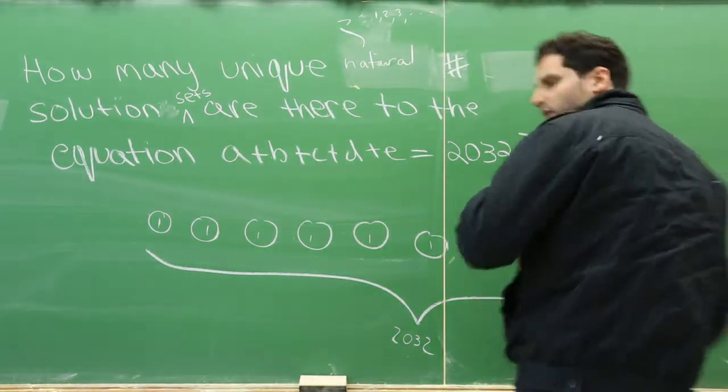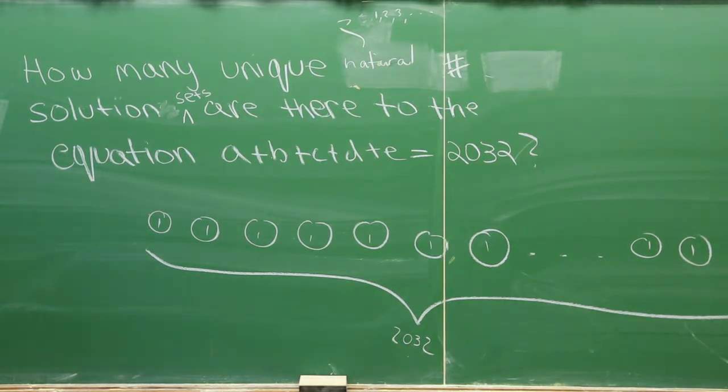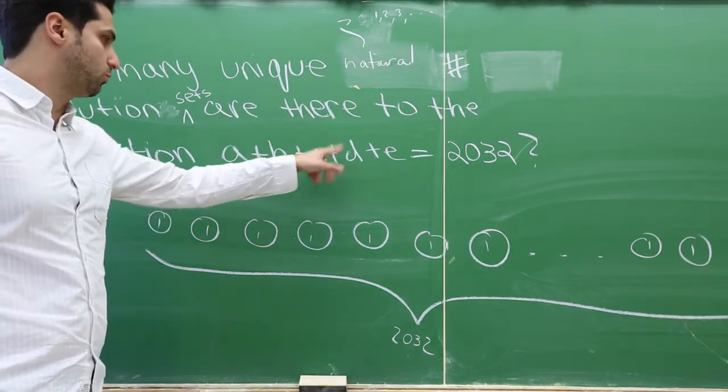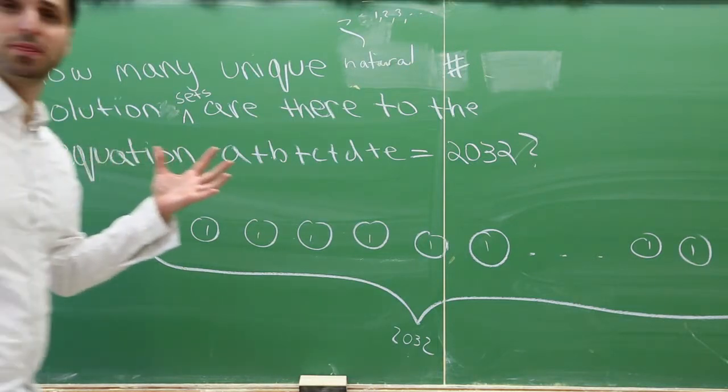You guys with me so far? If you add up all of those boulders, if every boulder represents a 1, then you get 2032, agreed? So really what the question is asking is how many ways you can split up the ones into 5 parts.